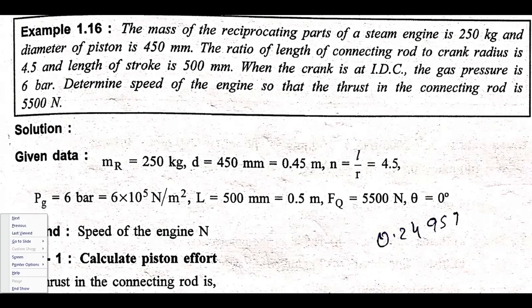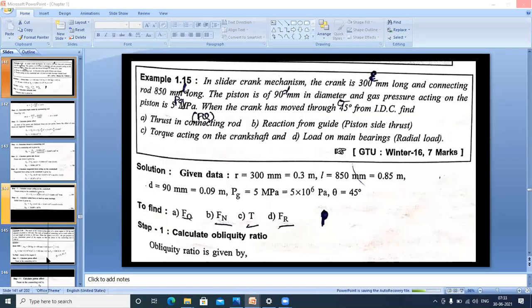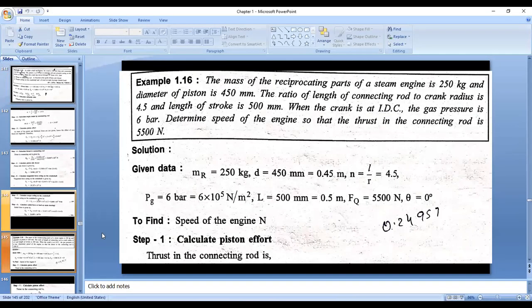The ratio of connecting rod to crank radius is 4.5, and the length of stroke is 500 mm. When the crank is at IDC and the gas pressure is 6 bar, determine the speed of the engine so that the thrust in the connecting rod is 5500 Newton.